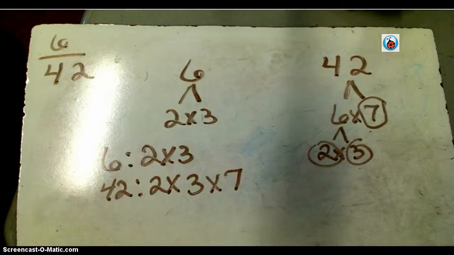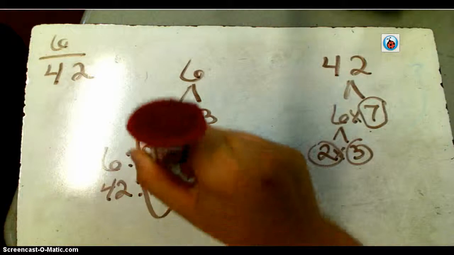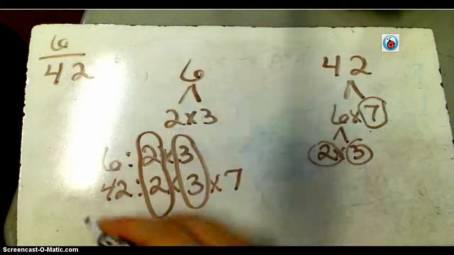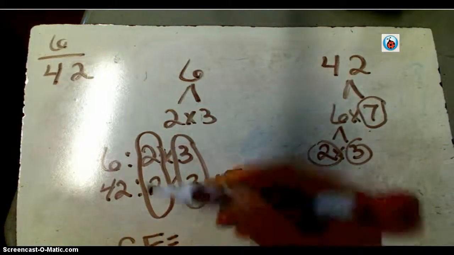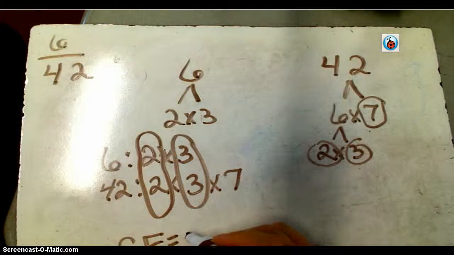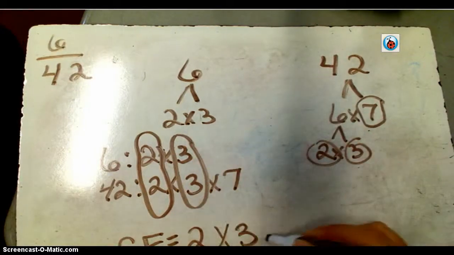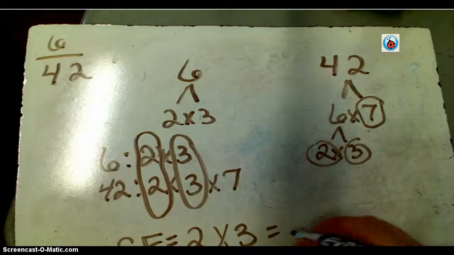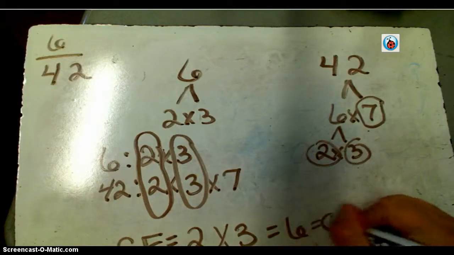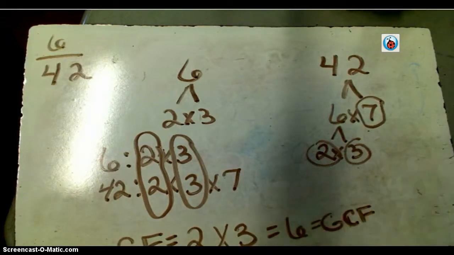What factors do I have in common between 6 and 42? 2 and 3. So my common factors are a 2 and a 3. 2 times 3 is 6, which is my greatest common factor.